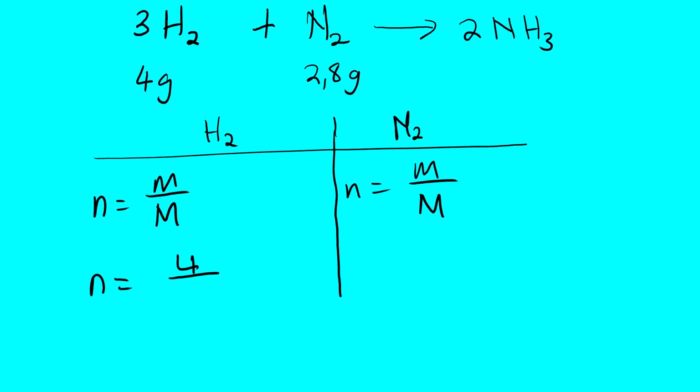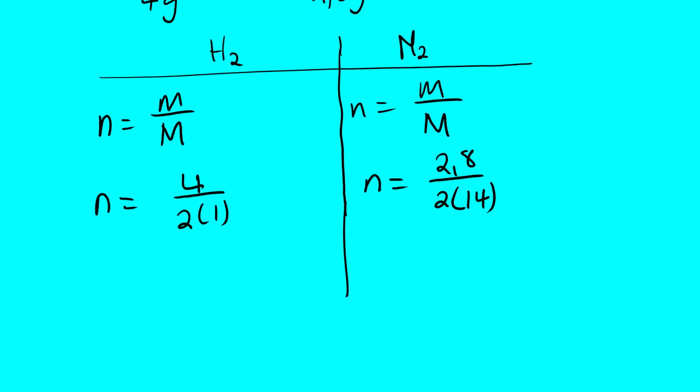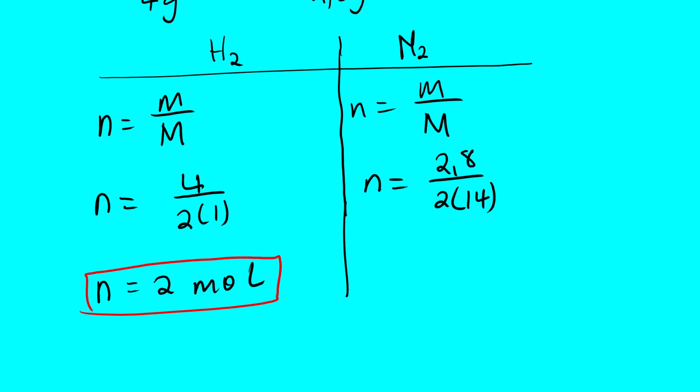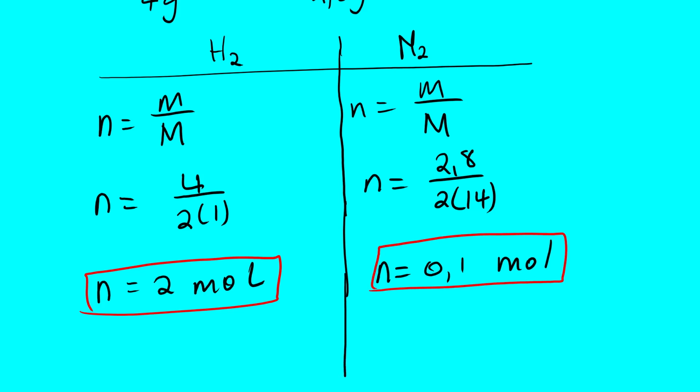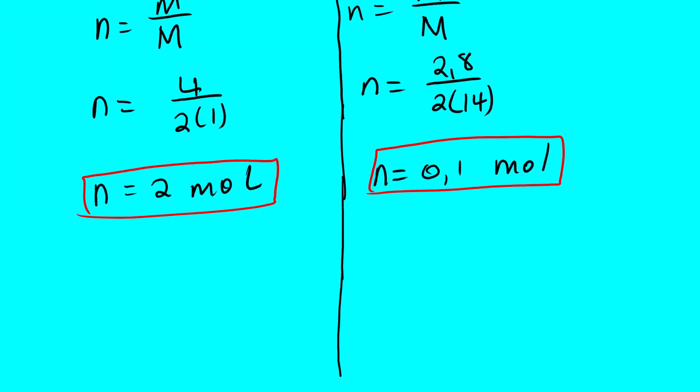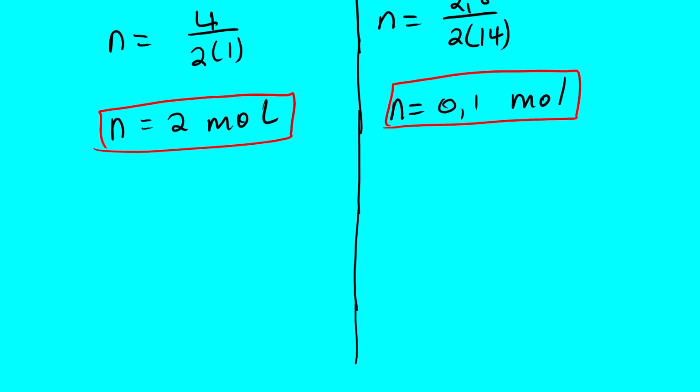The mass is 4 grams, and then we have 2 atoms, 1. The mass is 2.8 grams, and then we have 2 atoms, and it's 14. We have 2 moles. This is what we have currently, and then for this one we have 0.1 mole. This is what we actually have.